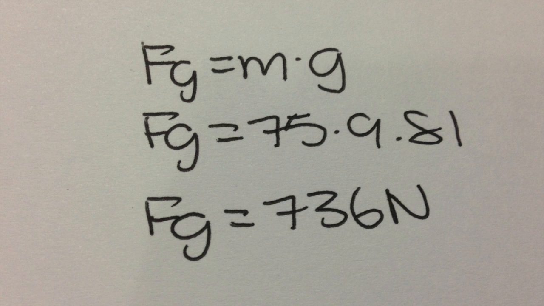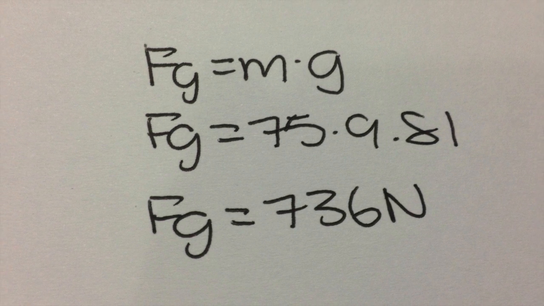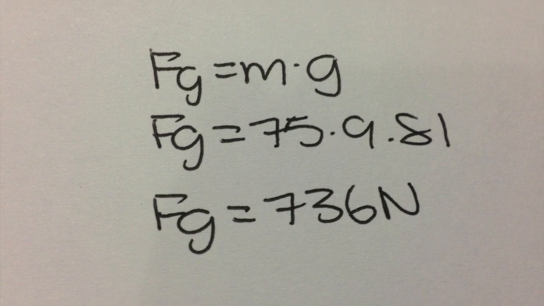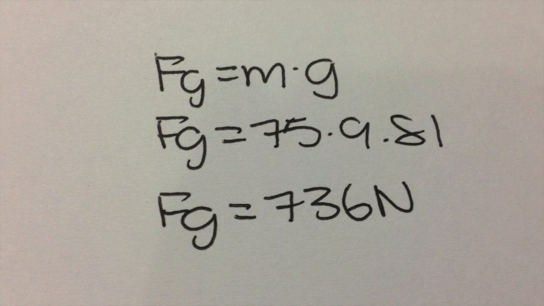Next, find the value for Fg. Fg equals mass times gravity. The mass is 75 kilograms and the gravity is 9.81. The Fg will be 736 newtons.